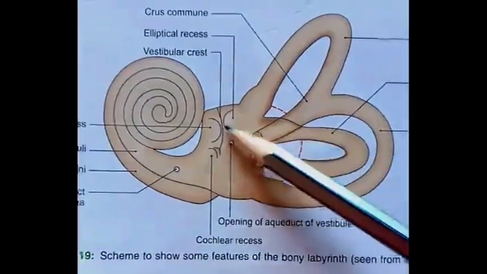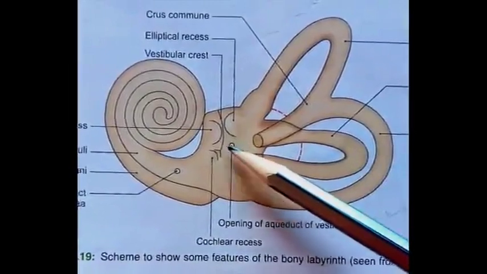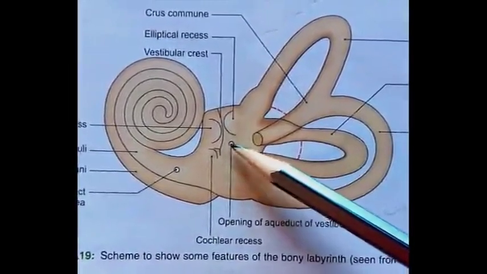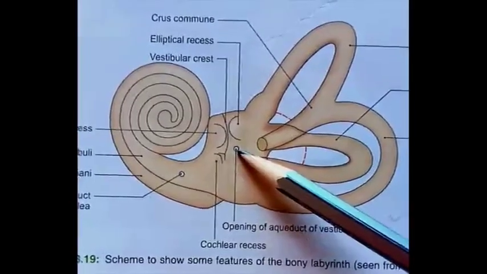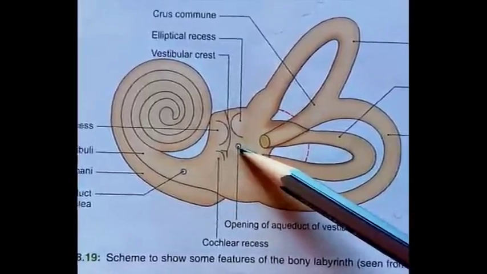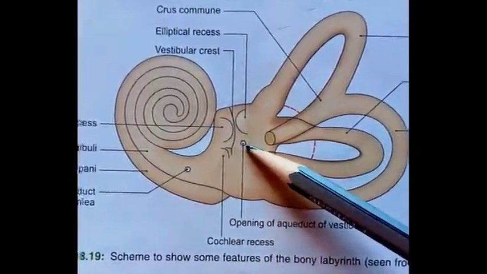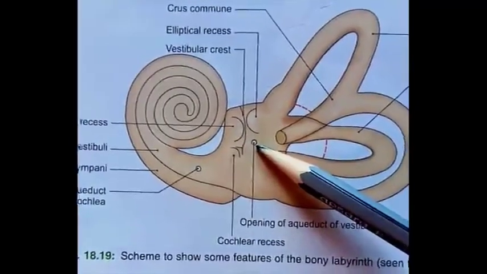Just below the elliptical recess we can find an opening of a diverticulum. This is known as aqueduct of vestibule, which opens into a narrow fissure on the posterior aspect of petrous temporal bone near the internal acoustic meatus.